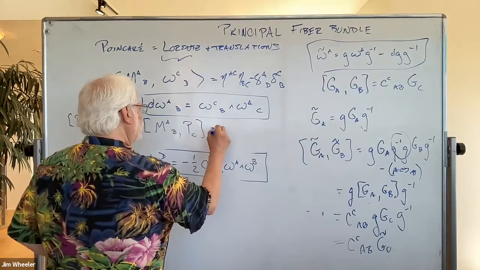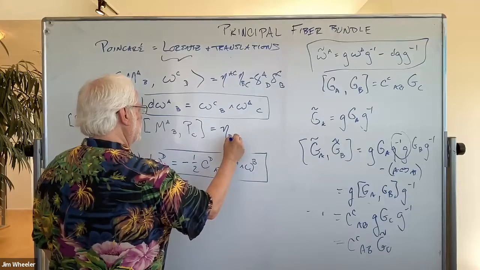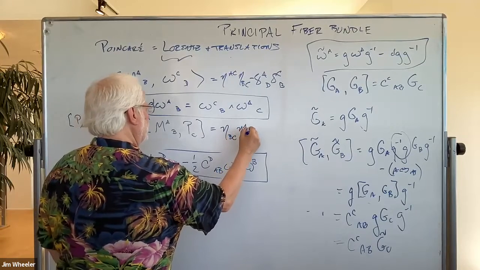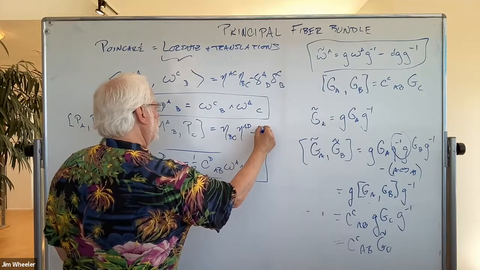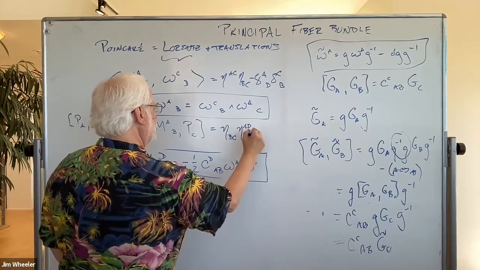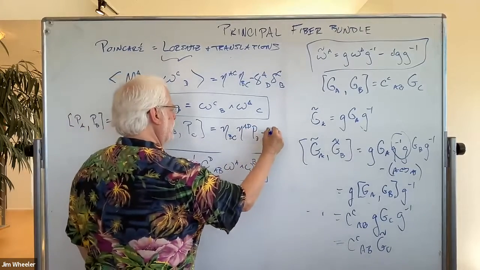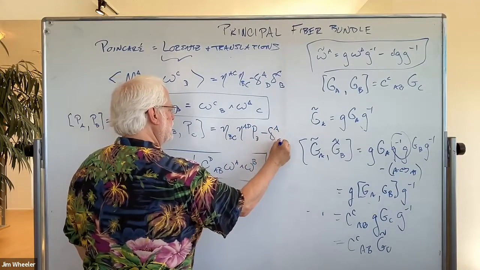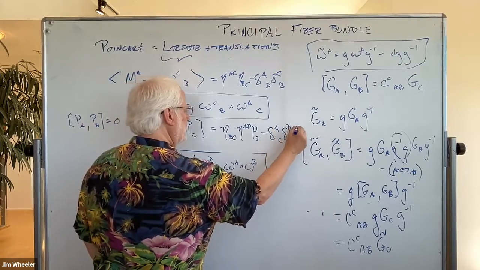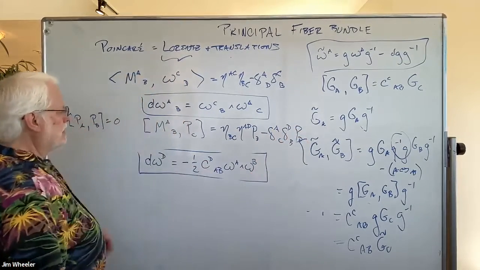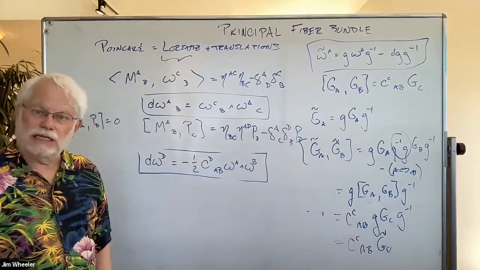Those come out proportional to the translation. I think we get a term with omega AD, and I have to anti-symmetrize the AB, so I need a delta AC delta DB with a P_B. And that's the Lie bracket for Lorentz transformations and translations.